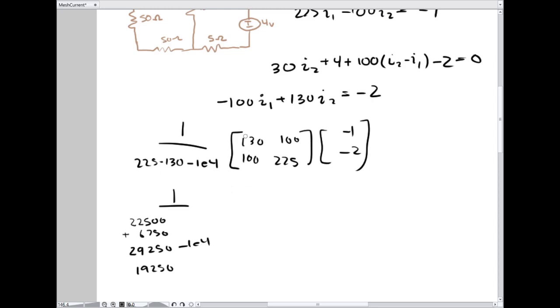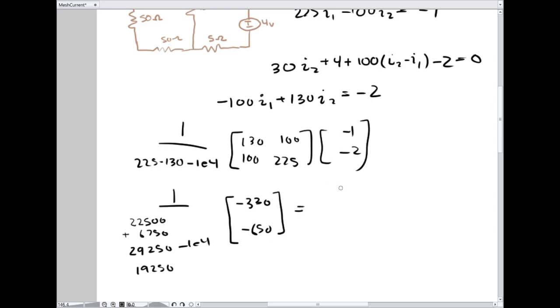Great. 130 minus 130 minus 200 more is minus 330, and then minus 100 minus 550 more is minus 650.